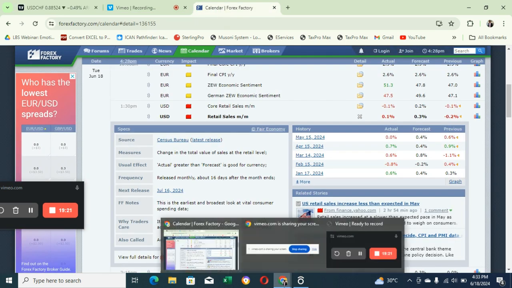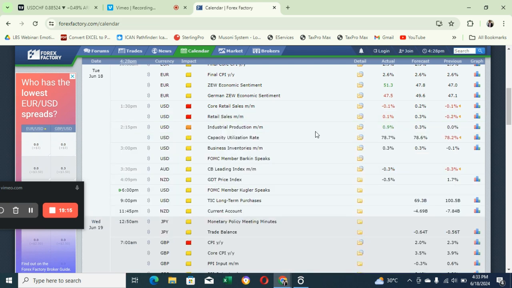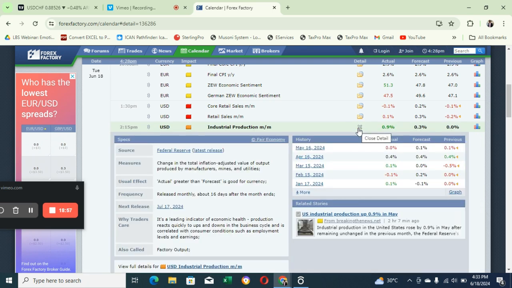So let's go back to Forex Factory. This is another news, at 1:30 p.m. and 2:15 p.m. for US base. There was a green button here, so the news went for a short green.